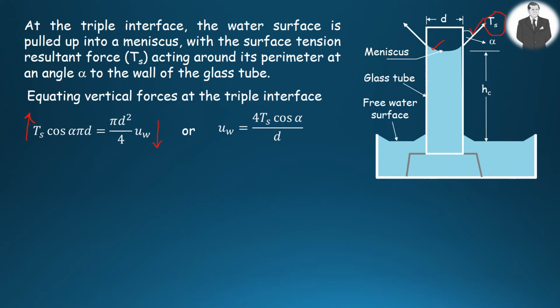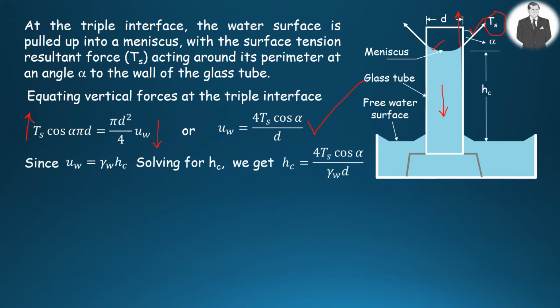Let me also show these in the figure. This is the vertical component of Ts, and the other is the water force acting downwards in the glass tube. So if this expression is rearranged, we get an equation for pore water pressure as given here.